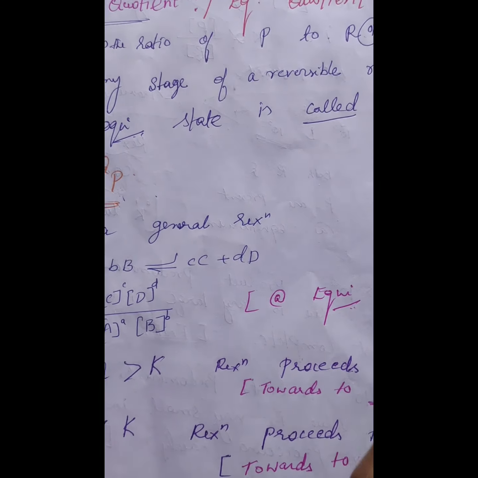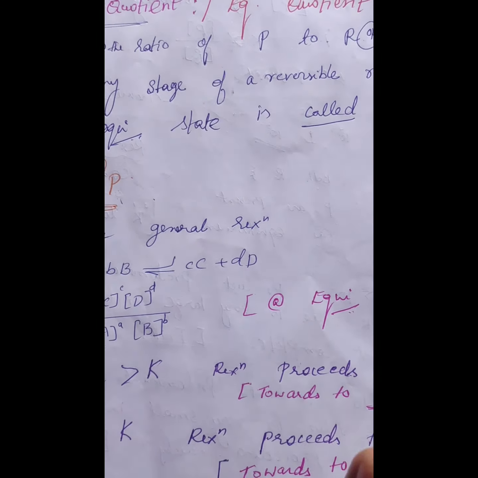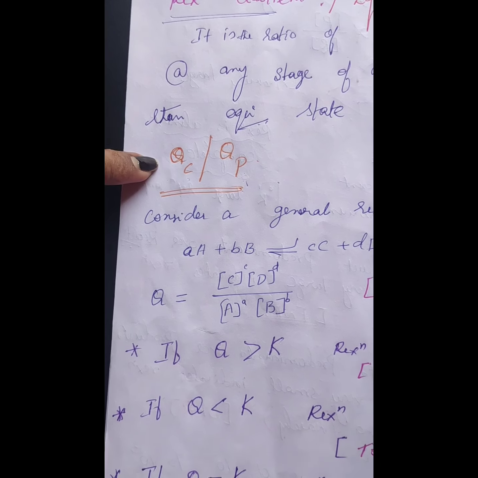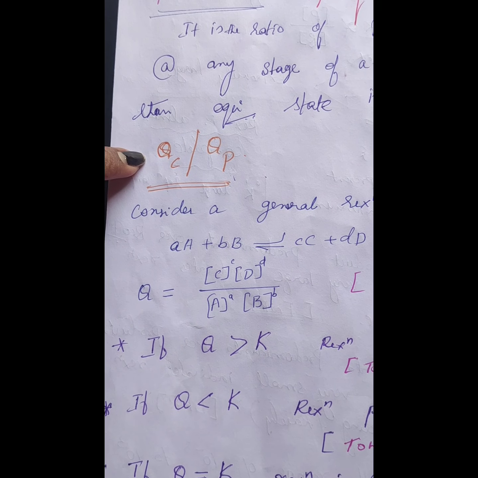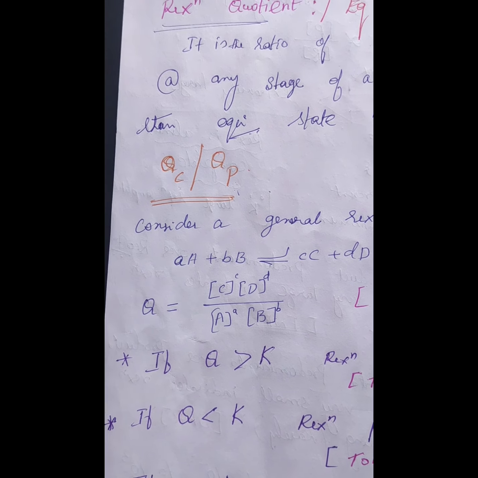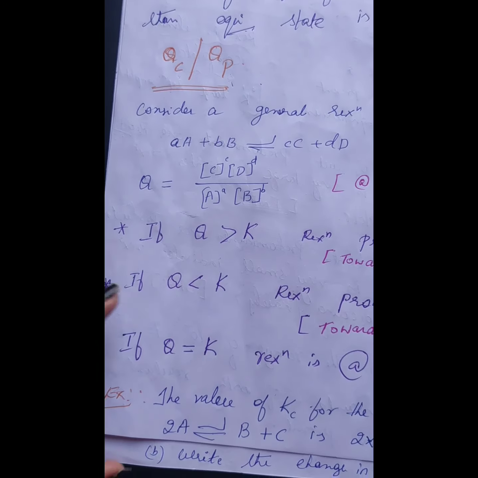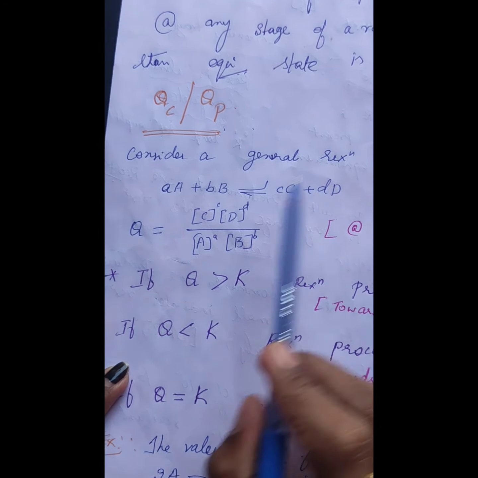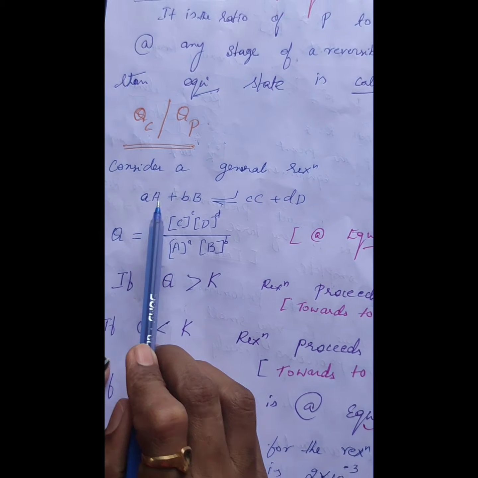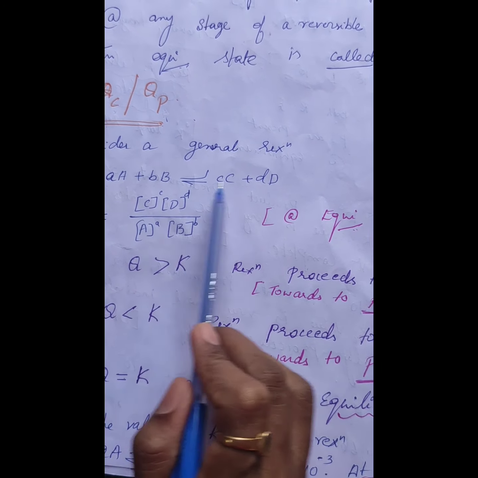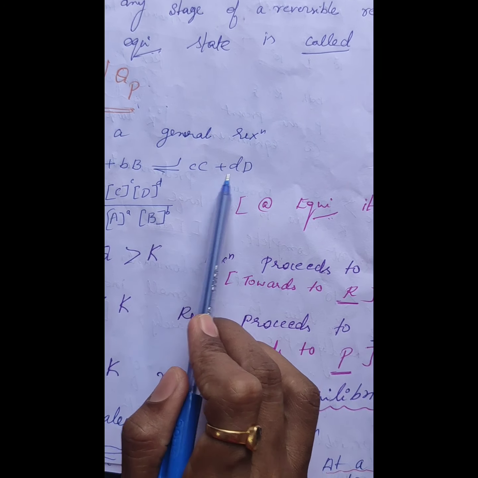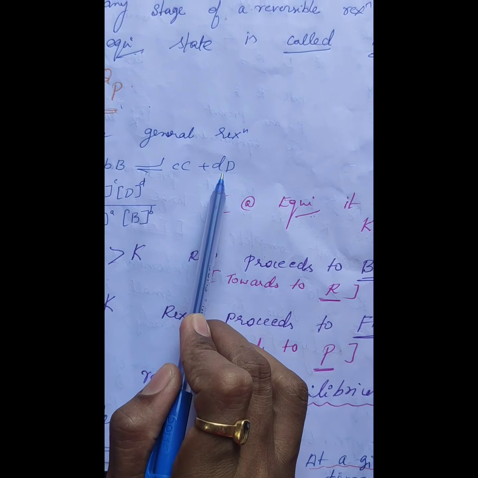So before reaching equilibrium, the state of the reaction can be represented as Q, called the equilibrium quotient. For understanding purposes, let us take a general reaction in which a moles of A react with b moles of B to produce c moles of C as well as d moles of D.